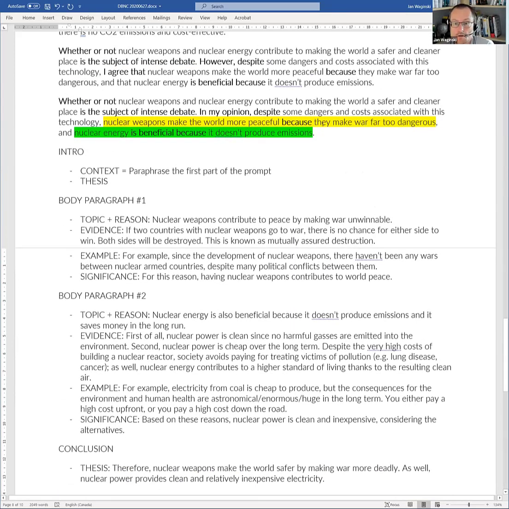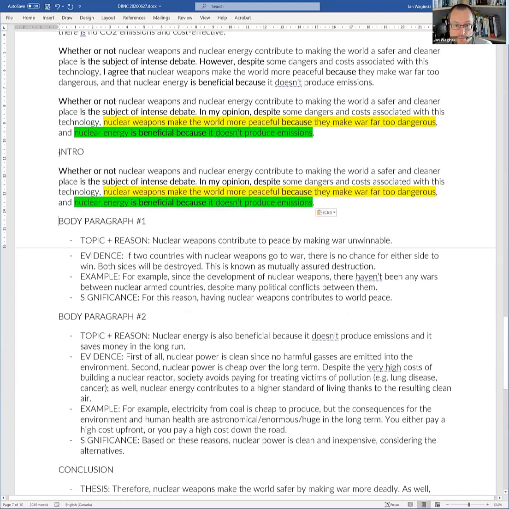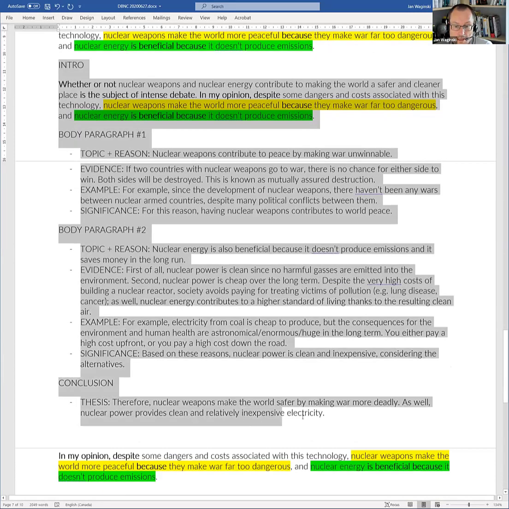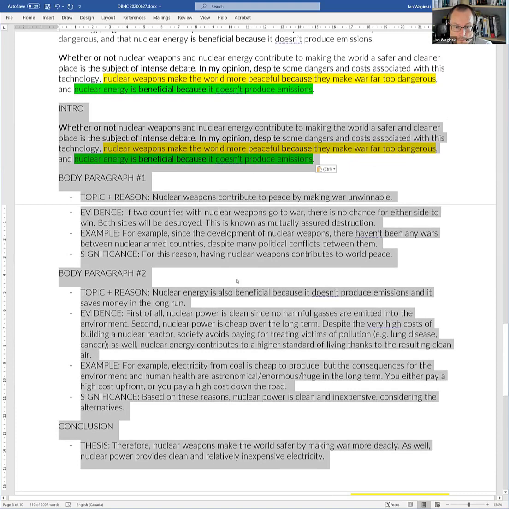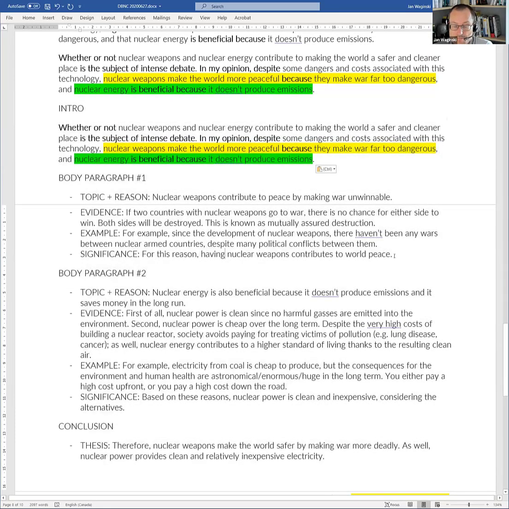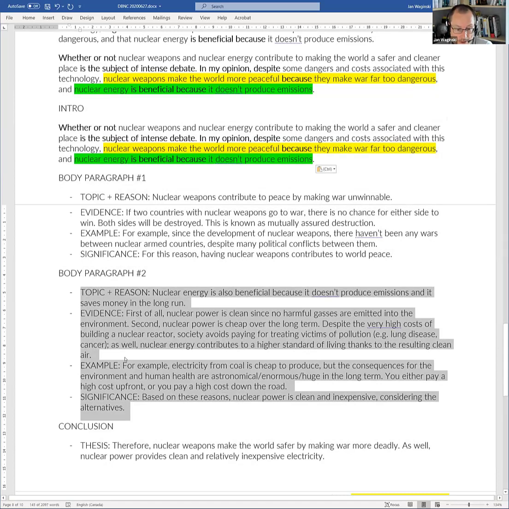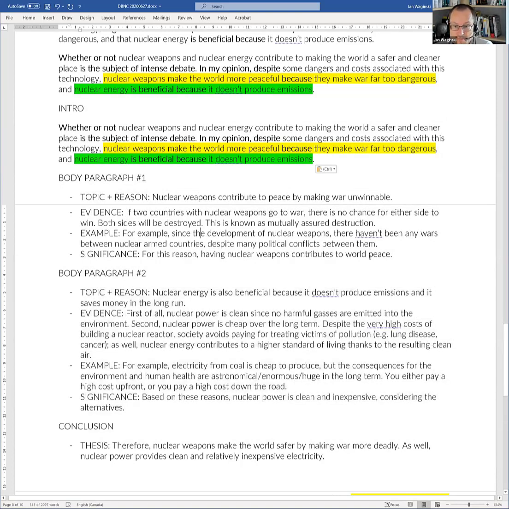Let's see how we are on the word count and what we would need to do for development purposes. So let's go like this. This is long enough. This paragraph is more developed. This one's at 145 words.